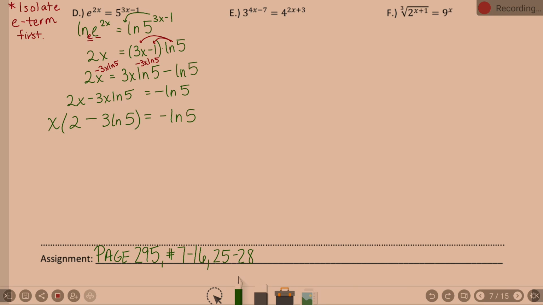If it's x times that quantity in parentheses, you're going to divide. So I'm going to divide both sides by 2 minus 3 natural log of 5. And it's a calculator thing, right? Negative natural log of 5 divided by 2 minus 3 natural log of 5. What do we get?